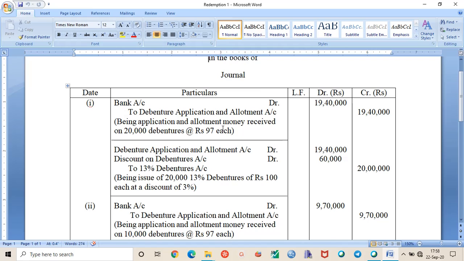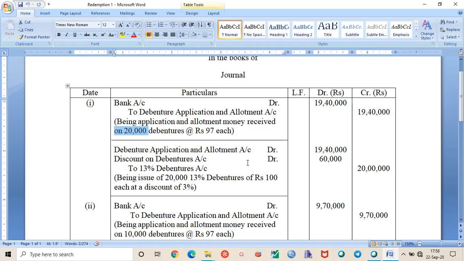So the first entry when you issue the debentures is: bank account debit to debenture application and allotment account. The debentures are issued at a discount of 3%. The face value of each debenture is 100, so 3% of 100 is 3, and 100 minus 3 is 97. 97 into 20,000 is 19 lakh 40,000.